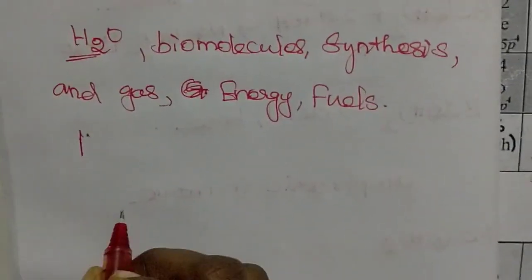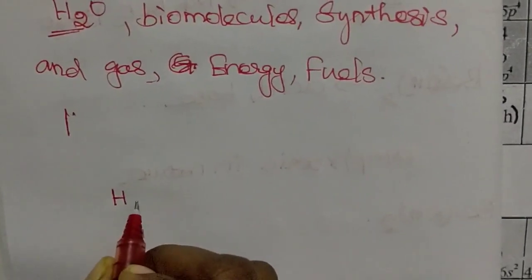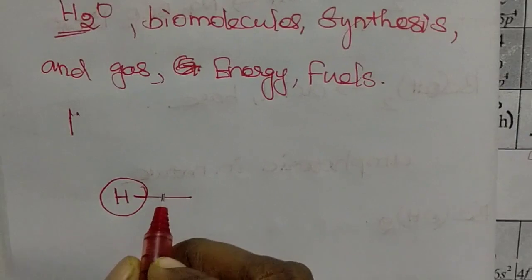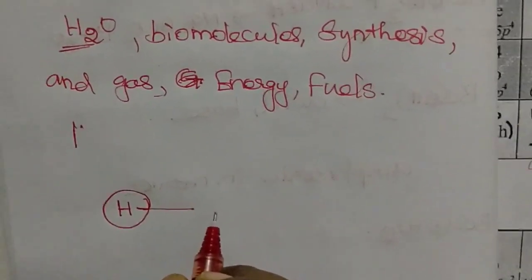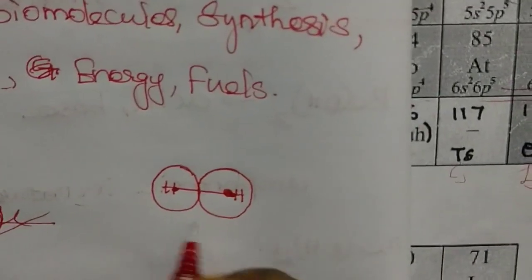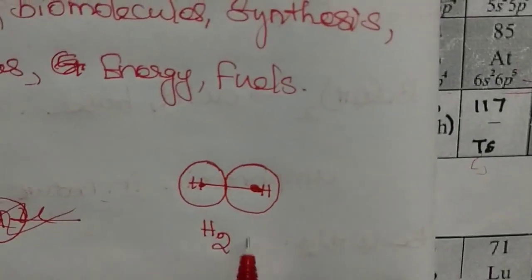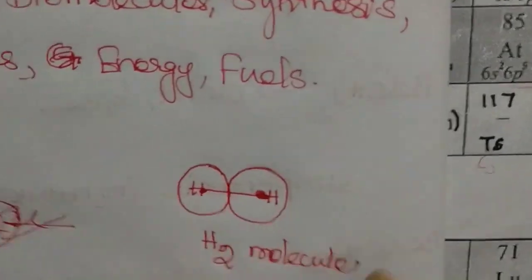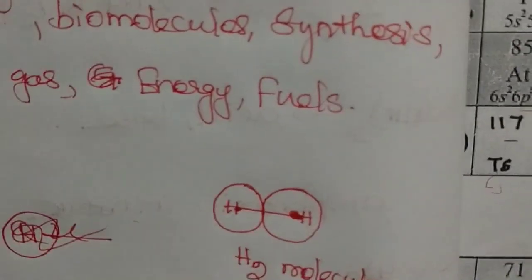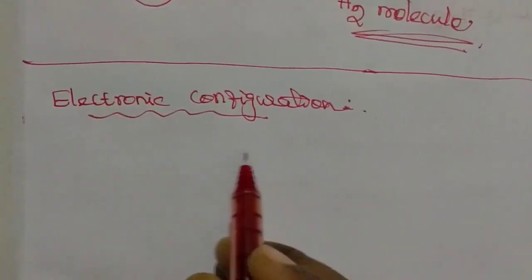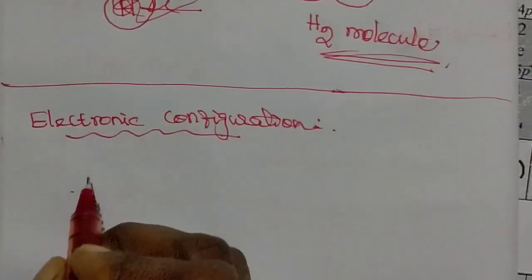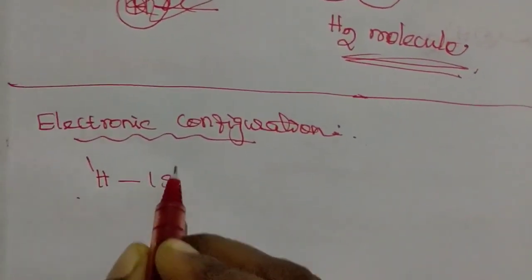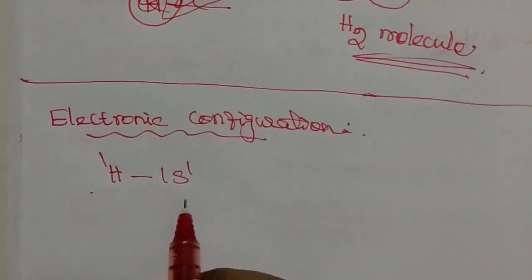Generally, hydrogen is present as the hydrogen molecule. The electronic configuration of hydrogen, with 1 electron, is 1s1.